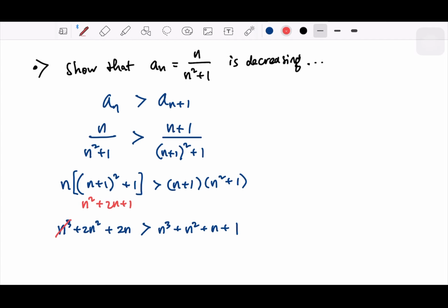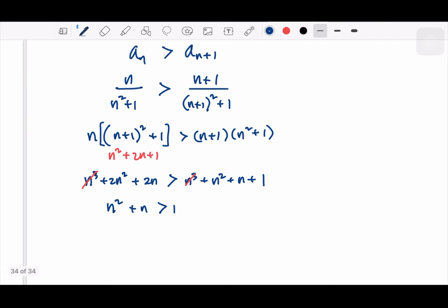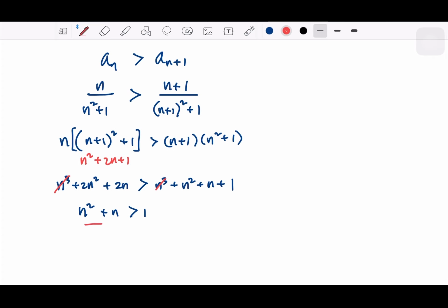We can cancel this. And then we can see that this inequality appears, and since n starts from 1, since n is greater than or equal to 1, the inequality is true.